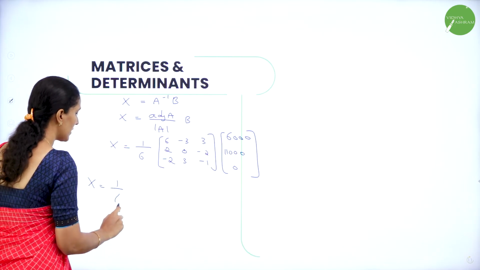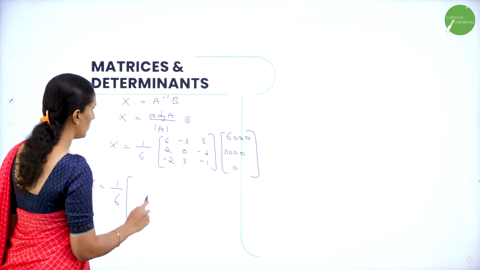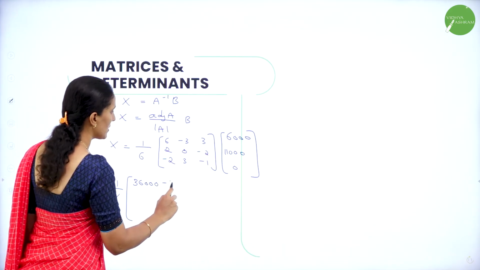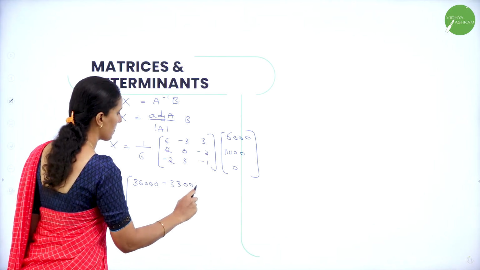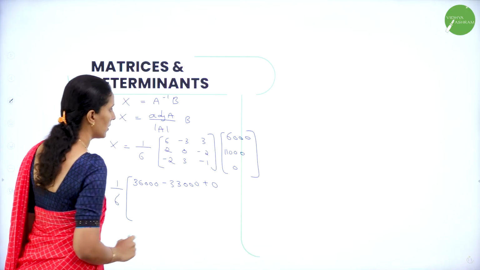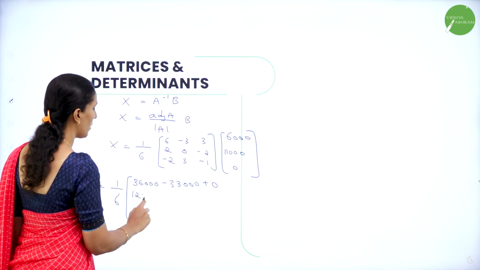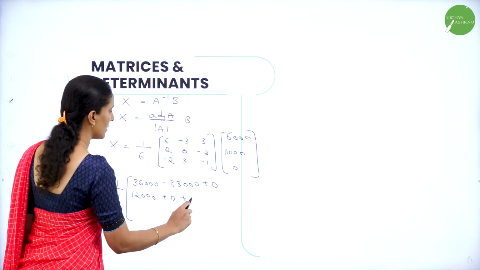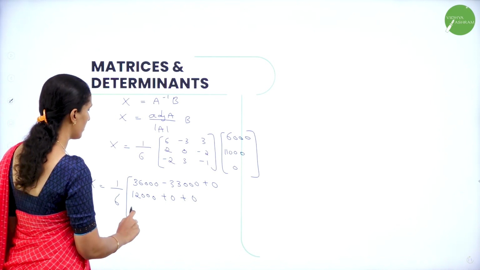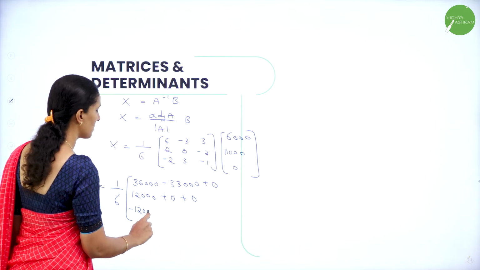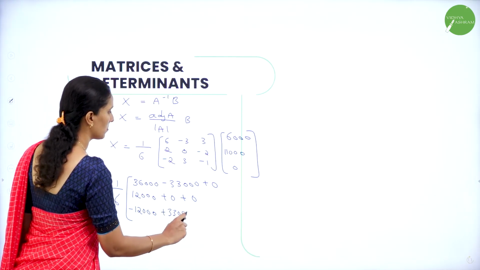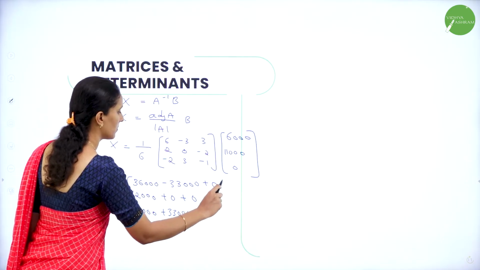We have 1 by 6. So we have 36,000 minus 33,000 plus 0. Next we have 12,000 plus 0 plus 0. Next we have minus 12,000 plus 33,000 plus 0.